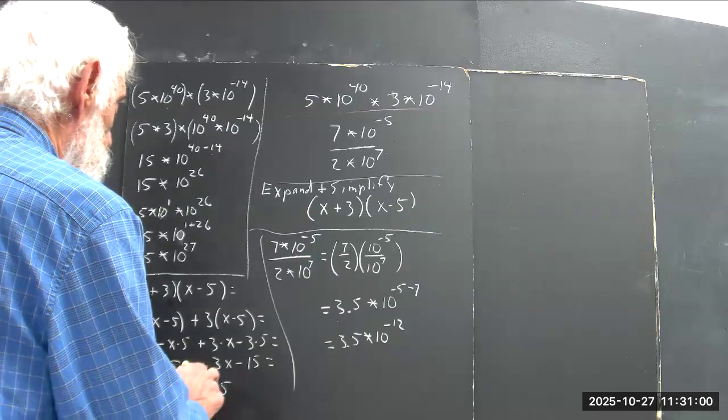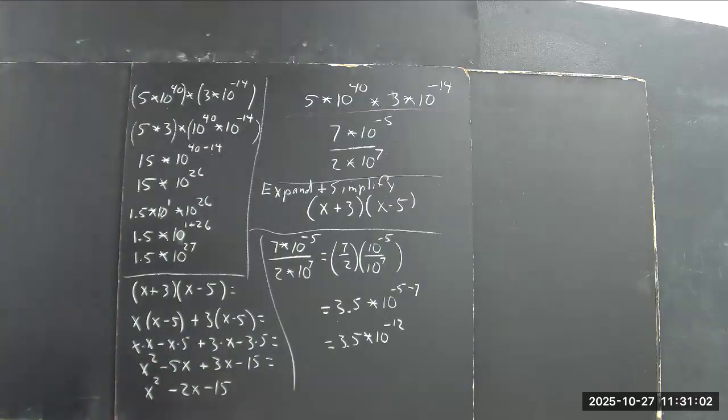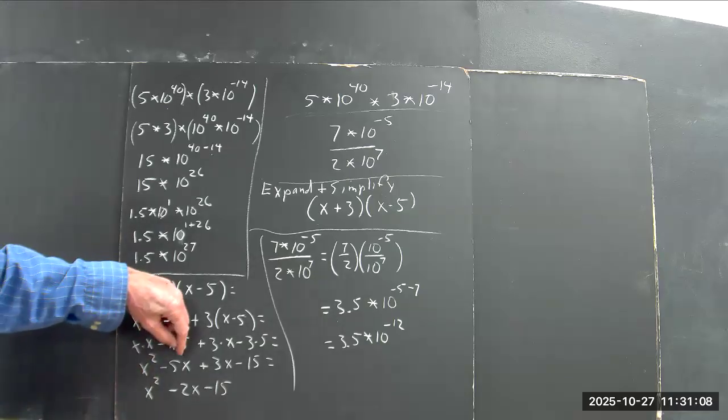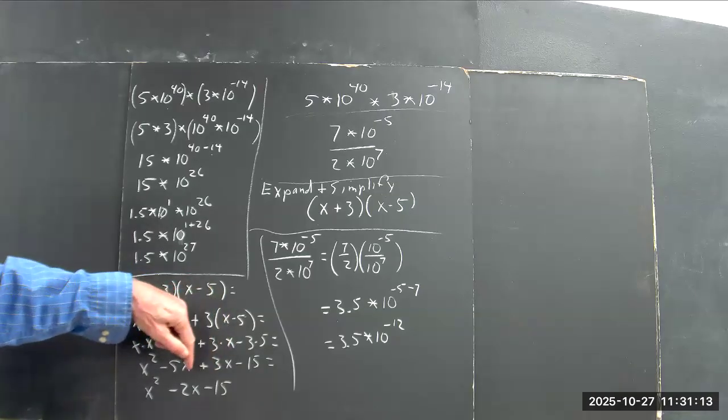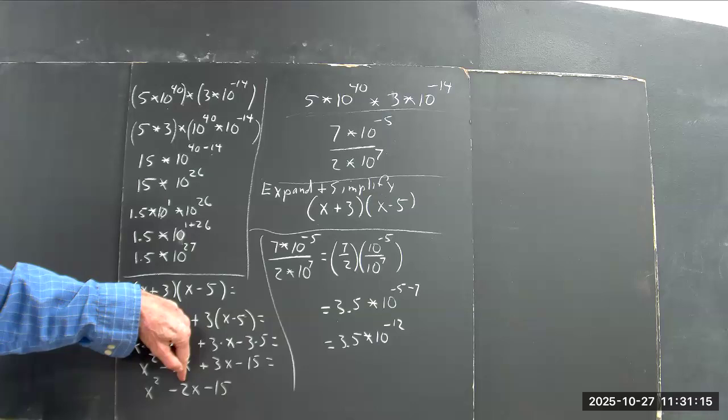Negative 5x plus 3x is negative 2x. There's actually distributive law involved with that too, but I'm just going to say, if you got negative 5 times something and add 3 times that same thing, you're going to get negative 2 of that thing.